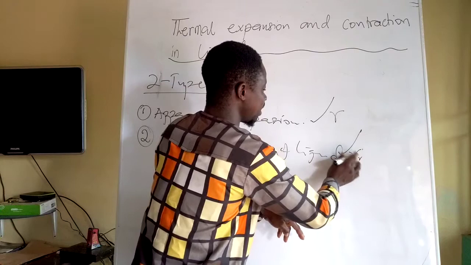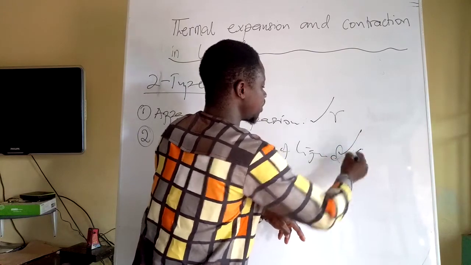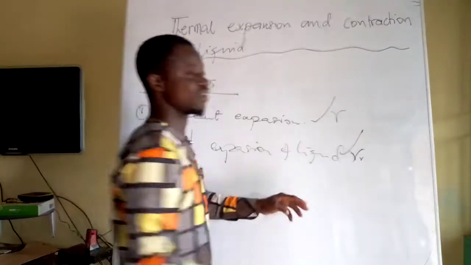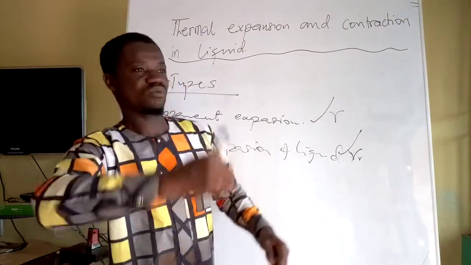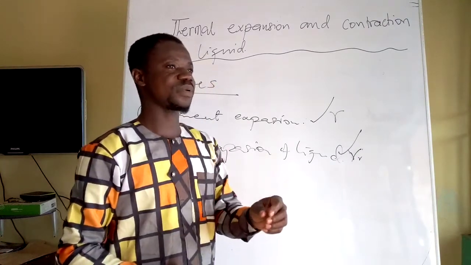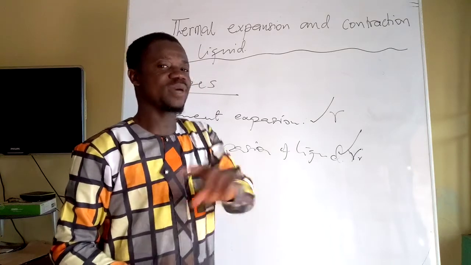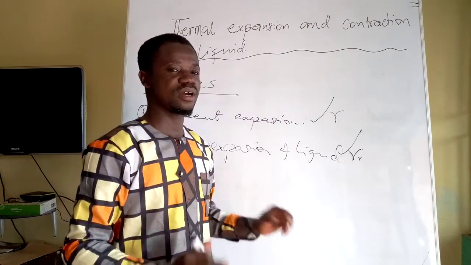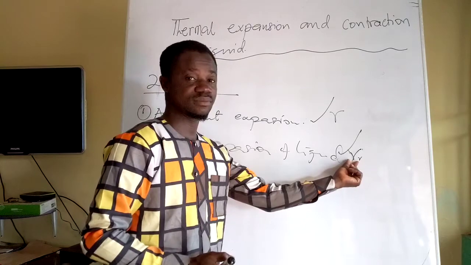You remember that expansion of a liquid is the expansion of the volume of the liquid. And when we dealt with solids, we represented the cubic expansivity by gamma.